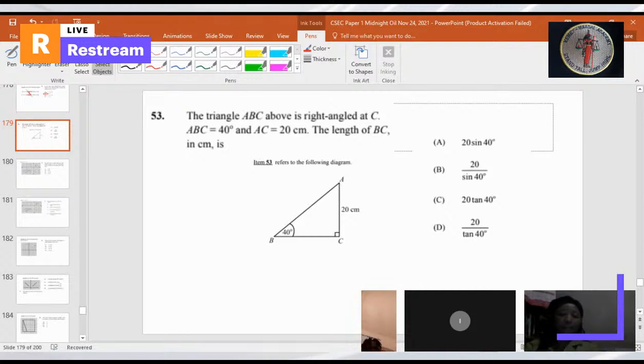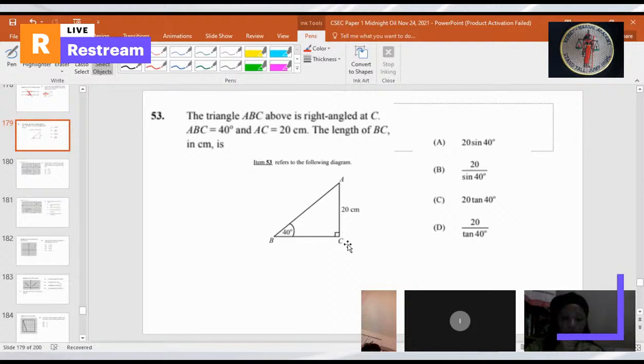Okay, miss. Number 53. The triangle ABC above is right angled at C. Angle ABC equals 40 degrees and AC equals 20 centimeters.